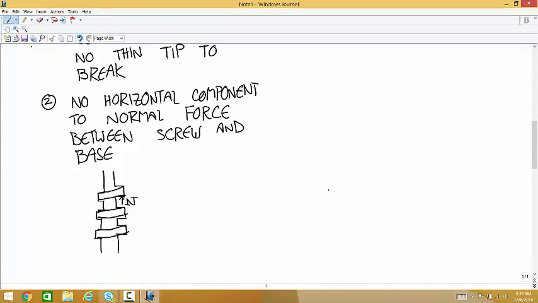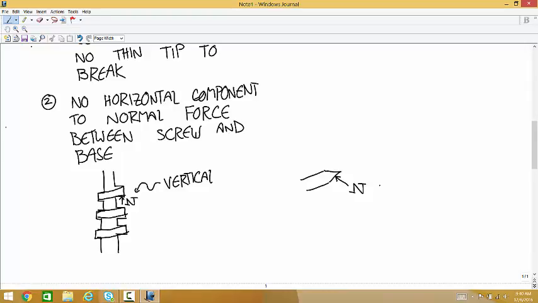Now think about the standard threaded screw. Its surface of contact is like that. And so a normal force there is at an angle.